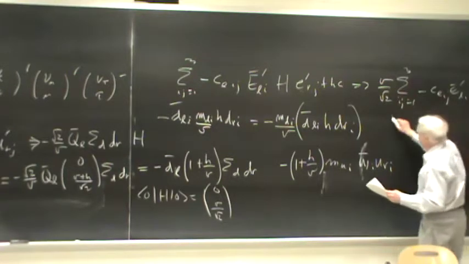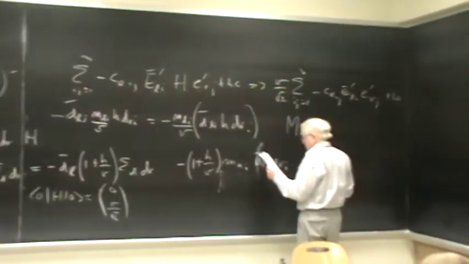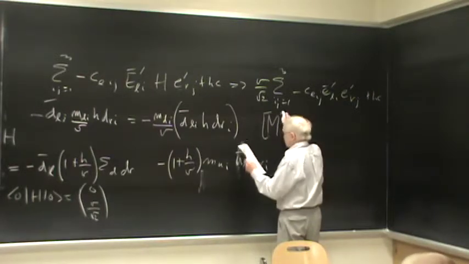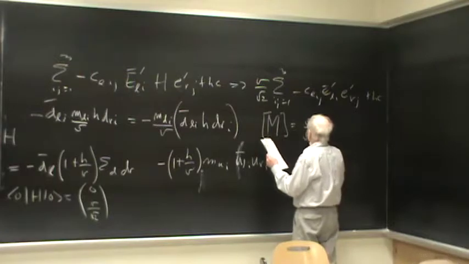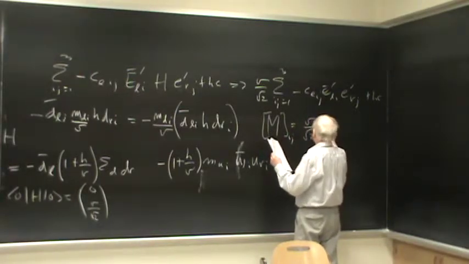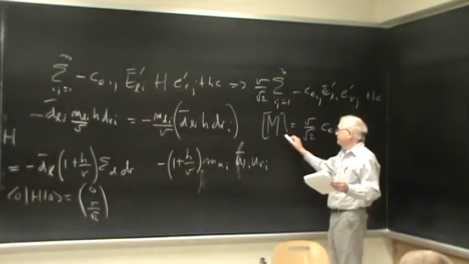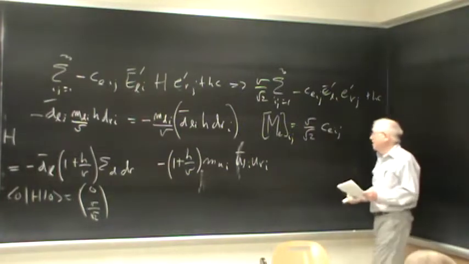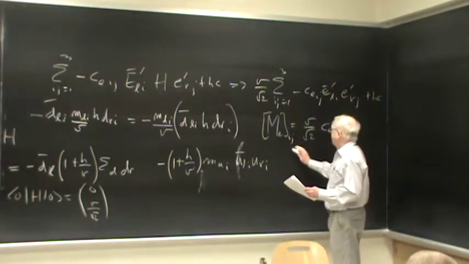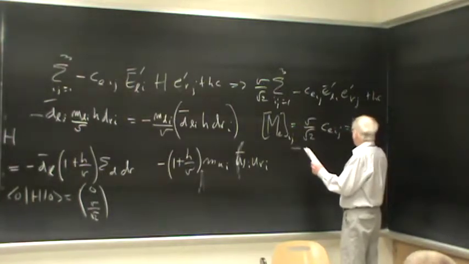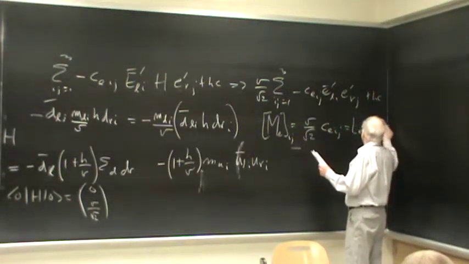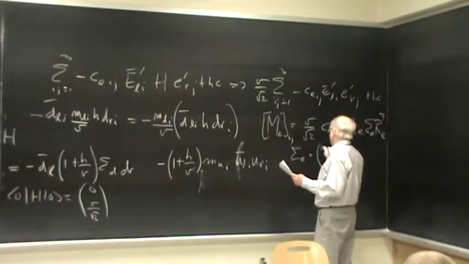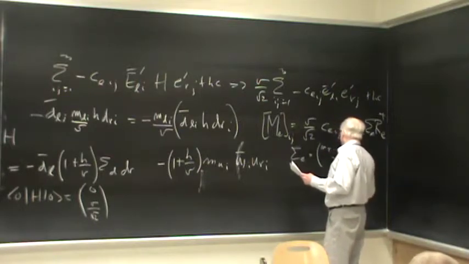And that means we have a mass matrix for the charged leptons. It's v over square root of 2, and the ij element is c sub e ij. I'll call it M sub e, but it's really for the 3 charged leptons. And of course, what we get is that this thing is equal to L e sigma e R e dagger, and sigma e is the mass of the tau, mass of the mu, mass of the electron.